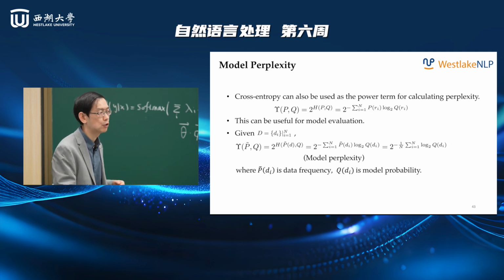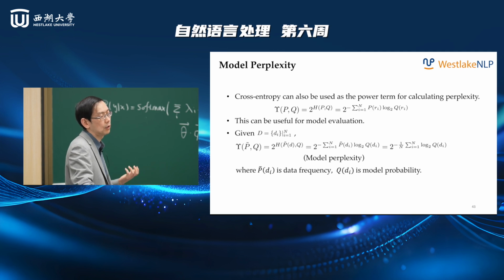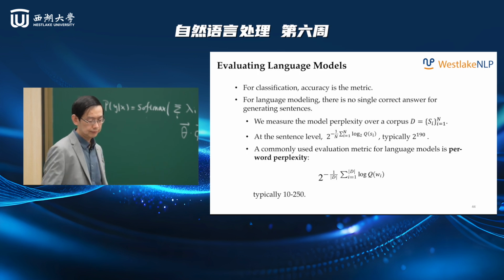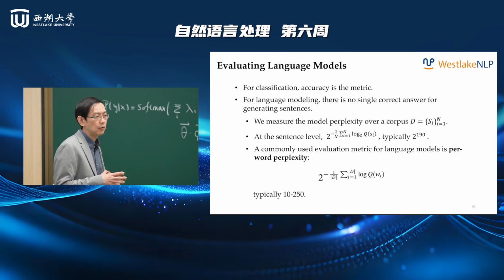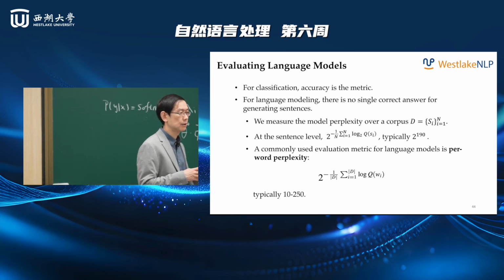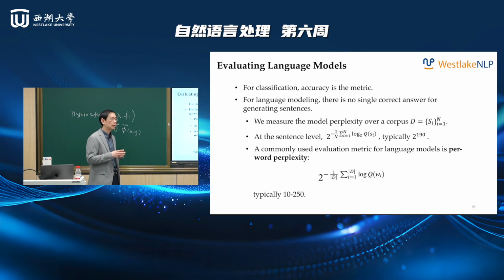Can we use that as a training objective? Yes, of course we can. When we use this model perplexity as a training objective, it is the same as optimizing the model using cross-entropy loss. But we can also use this to evaluate a model. How do I do that? For evaluating classification models, we can directly use a test set and measure how many test instances are predicted correctly.